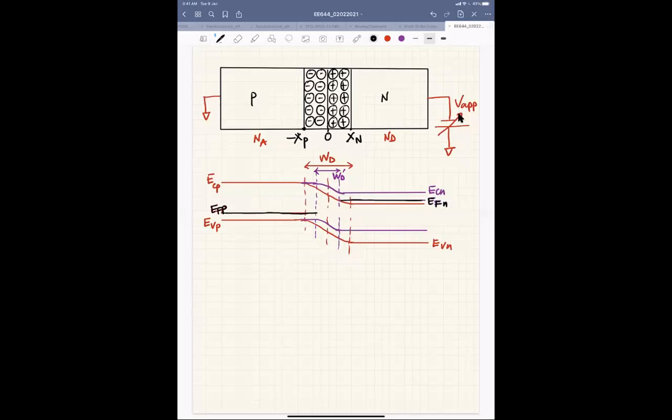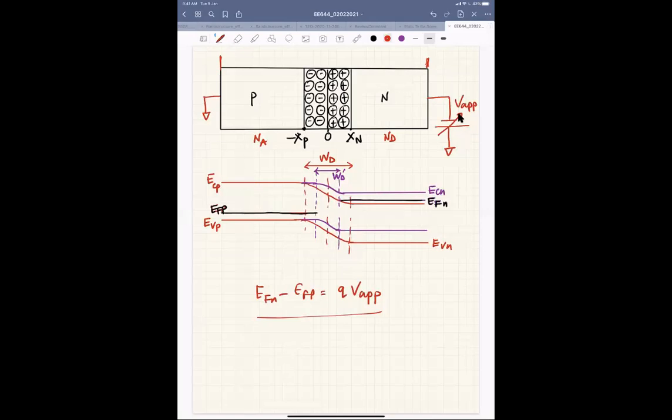So you have to draw the quasi Fermi levels EFN and EFP, and we could also write that the difference between these two, EFN minus EFP, is your QVR, right? Because if you take the Fermi level of this metal and the Fermi level on the other metal, you are giving an applied voltage to one metal, so there will be an energy difference.